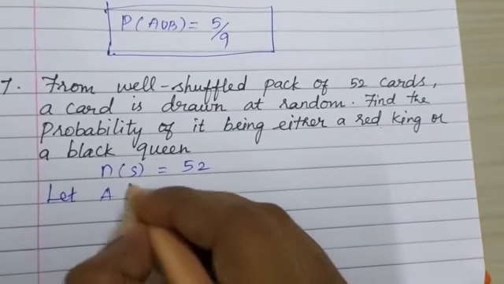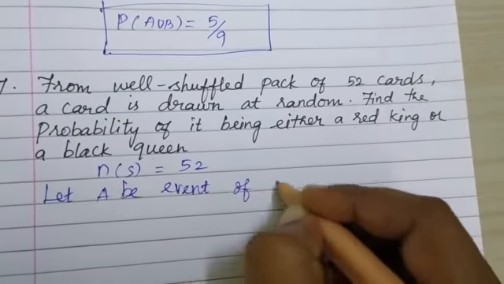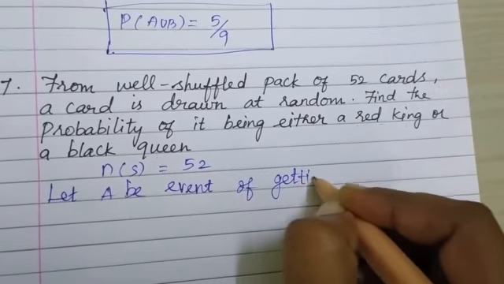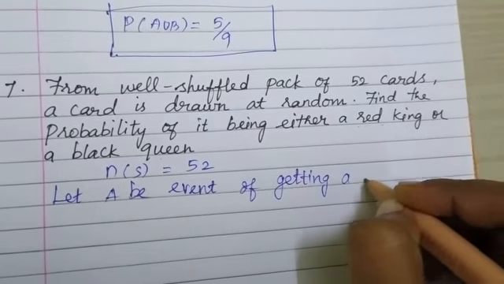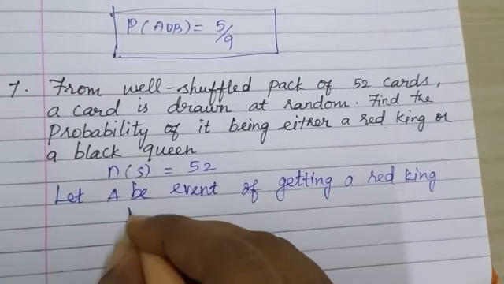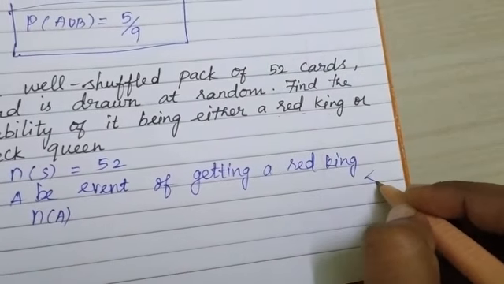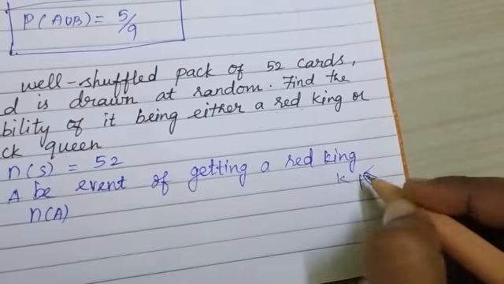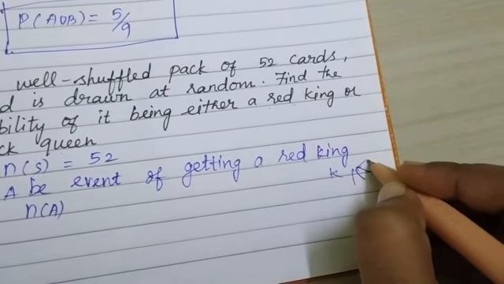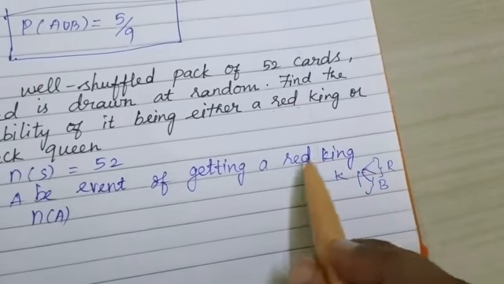Let A be the event of getting a red king. Okay, so red king. So number of A is equal to, king means already I told, 4 cards are there. Okay, king, I already explained one time. King has 4 cards, 2 are red, 2 are black color. Okay, so red king only is asked.